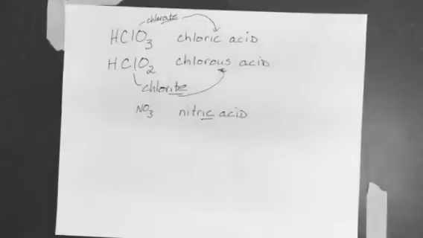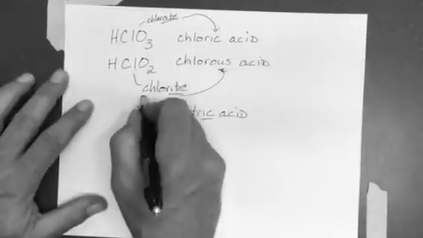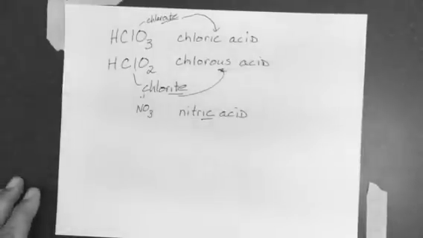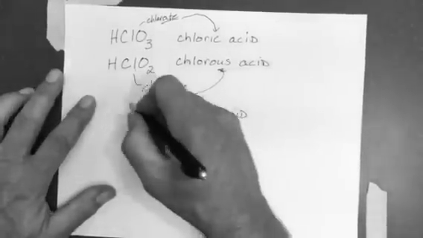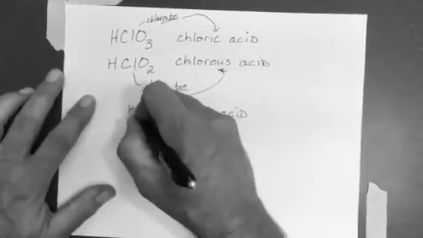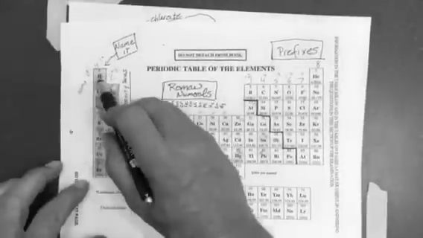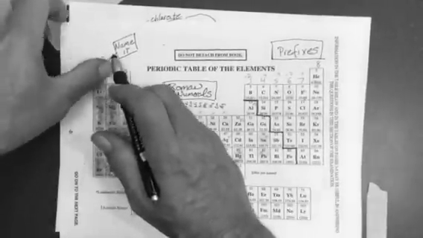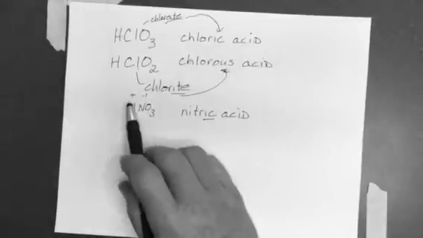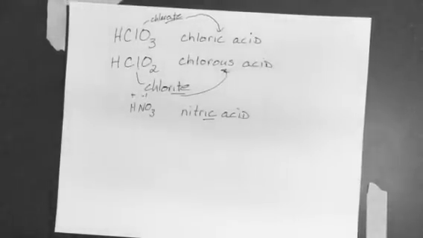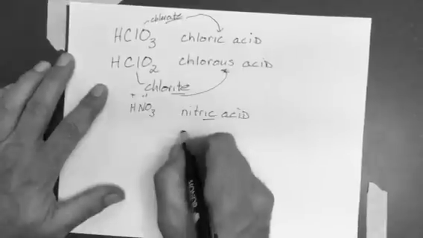And if you look on page 169, nitrate is a -1. So you need to stick an H on there for it to be an acid. We know that H's are +1 because of its location on the periodic table. Right here, it's a +1. And then you look at your charges, +1 and -1 add up to 0. And that's done.